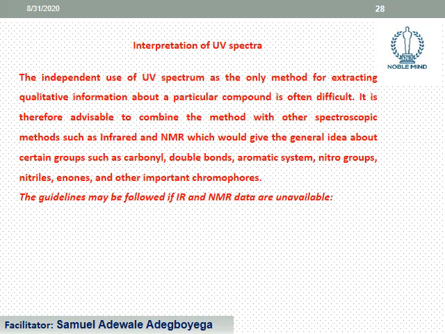In short, we call it joint elucidation of structures. So you may have carbonyl, double bonds, aromatics, ring system, nitro group, nitrile, enones, and the like. So if NMR and IR data are available, it will help to juxtapose or to determine the accuracy of the value we have from UV visible spectra.